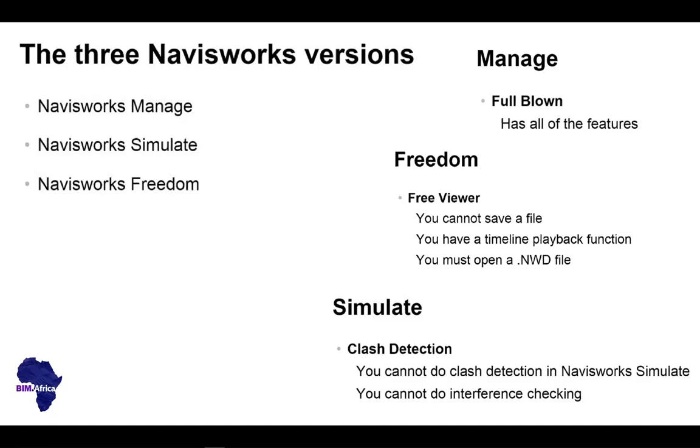To acquire Manage and Simulate, there's a cost attached, but Navisworks Freedom is a free version, and you cannot use it to save a file, but you can use it to view a file, just to interpret it. So probably you want to send a model to your client and you need them to interpret it. They can have Navisworks Freedom installed. Then there's a timeline playback function, but you cannot create timelines, and it opens only NWD files.